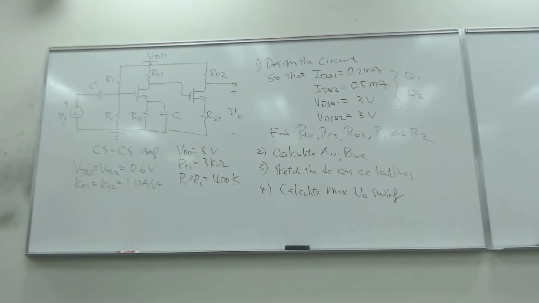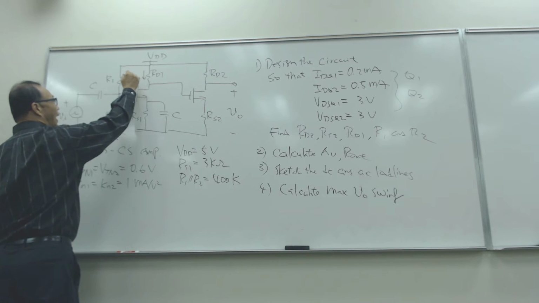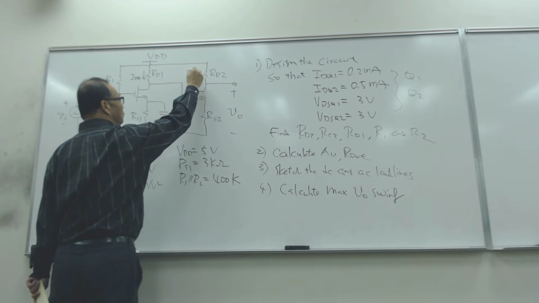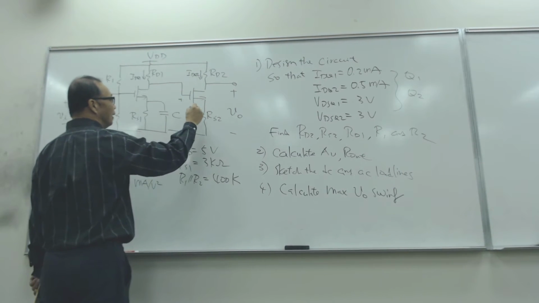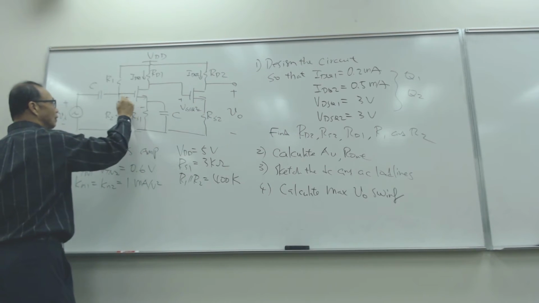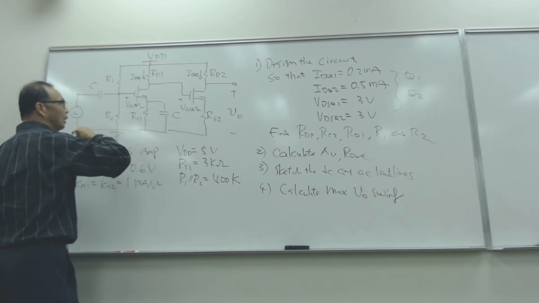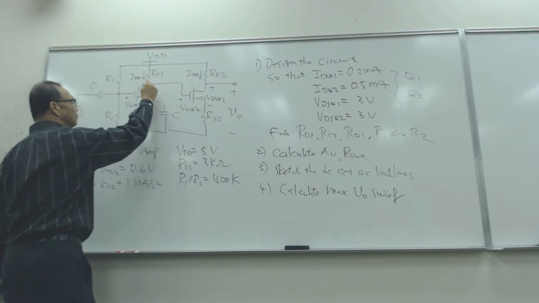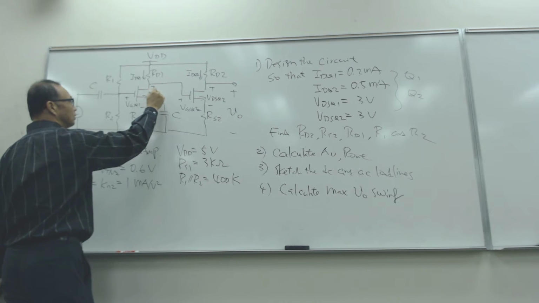Okay. So this is IDQ1. This is IDQ2, right? This is VGSQ2, VGSQ1, VDSQ2, VDSQ1.